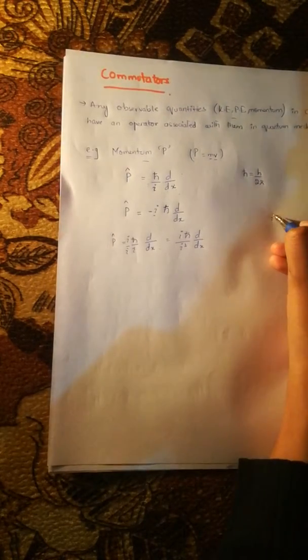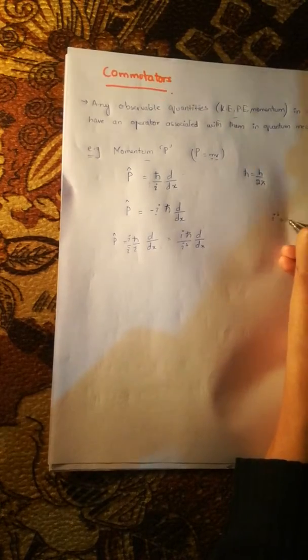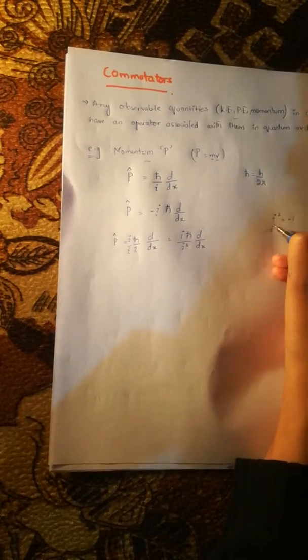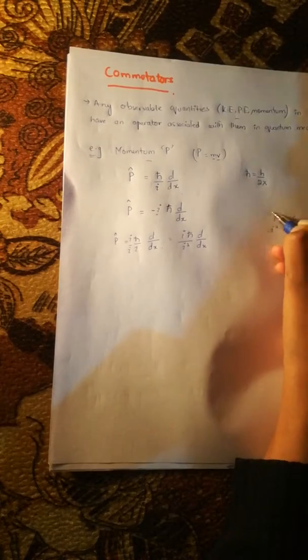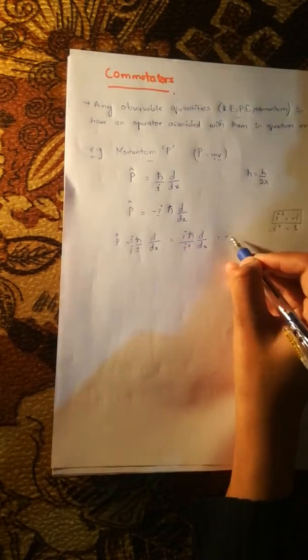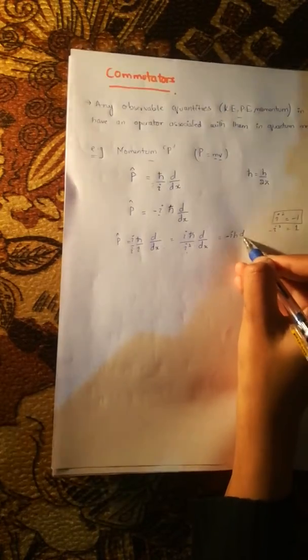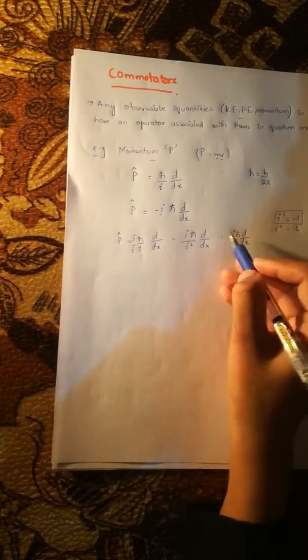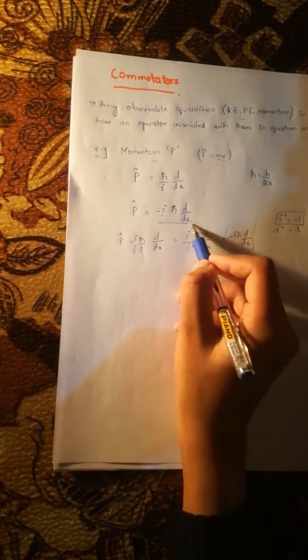We know eta square is equal to minus 1, so we will put this value over here and we will get minus eta h cut d over dx. It is the same as this one.